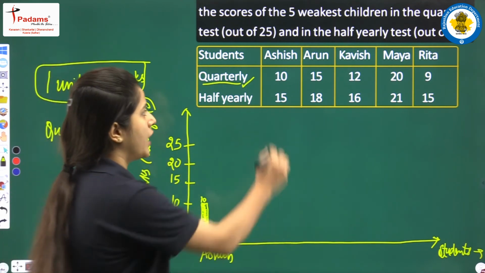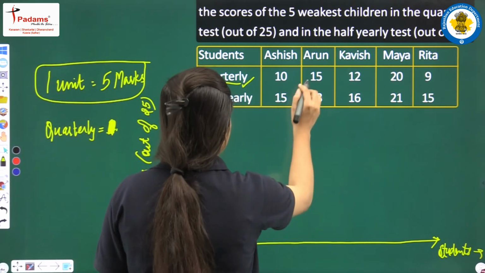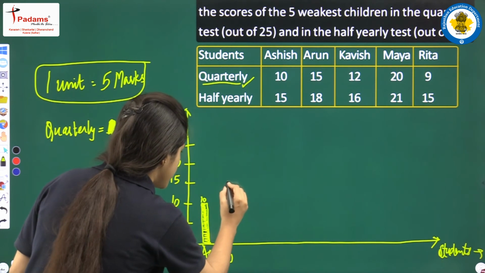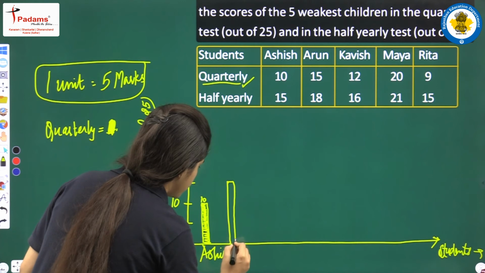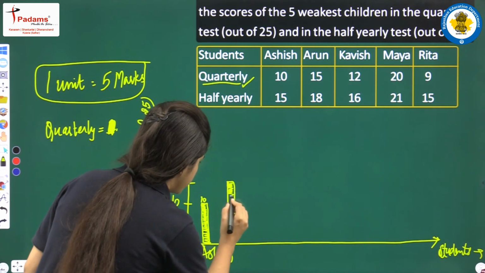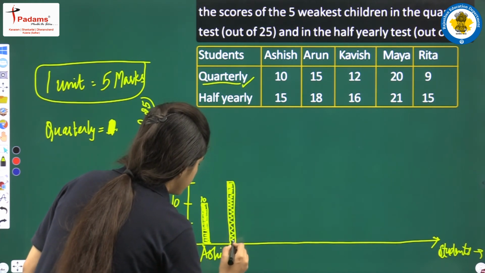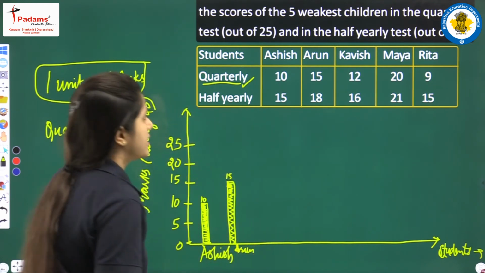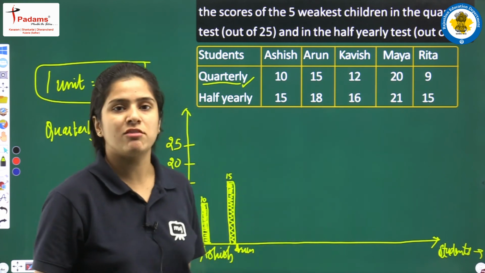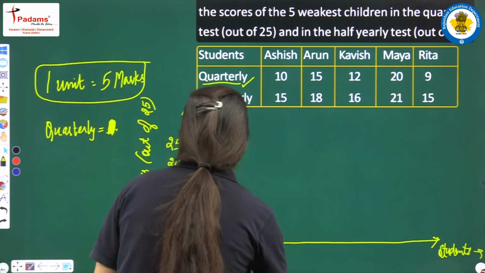Now Arun is getting 15 marks, so 15 is here. Marks obtained by Arun. Now Kavish is getting 12 marks.